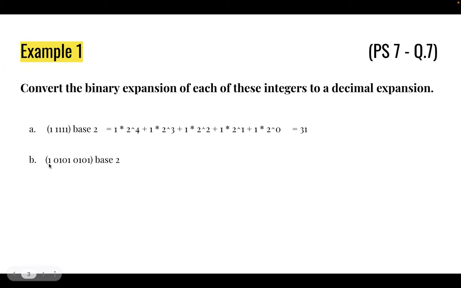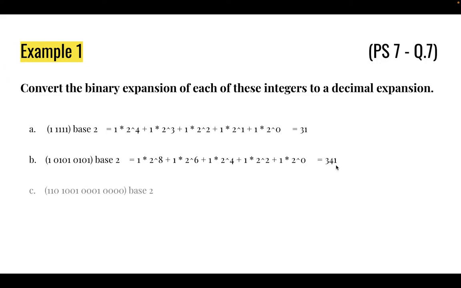So we have 2 to the power 8, 1 times 2 to the power 6, 1 times 2 to the power 4, 1 times 2 to the power 2, and 1 times 2 to the power 0. When we add all these numbers, we get the decimal expansion, which is 341.